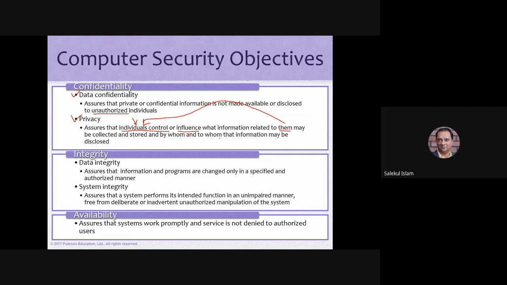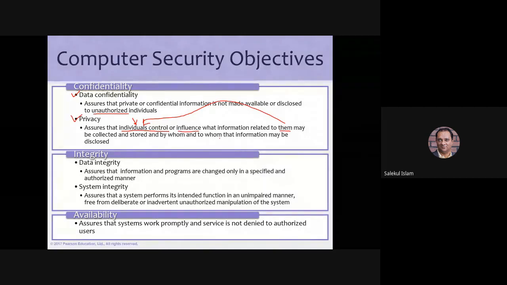Say, for example, you are going to see a doctor and they will collect some background information from you. Most of the time, and it has also started in our country, whenever you see a doctor, an assistant will give you a form to fill up: what is your habit, what allergy you have, your weight, your height, and all those things.